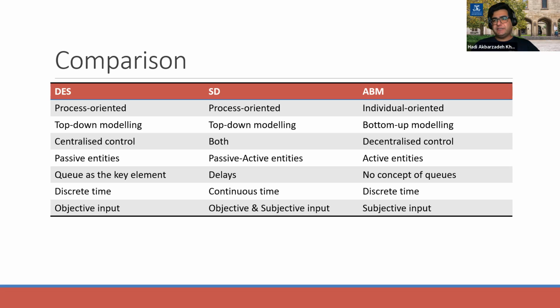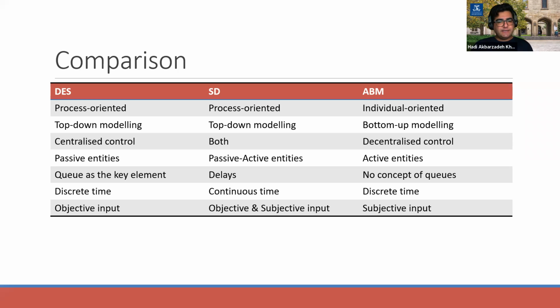The main thing in DES is that you are looking at a top-down modeling, where you look at the whole system as one, and then try to break down into lower levels as events and do the modeling. But in agent-based modeling, modeling comes from bottom to up. So as we said, we are looking at each agent, each individual, their interaction, and then try to model the whole system.